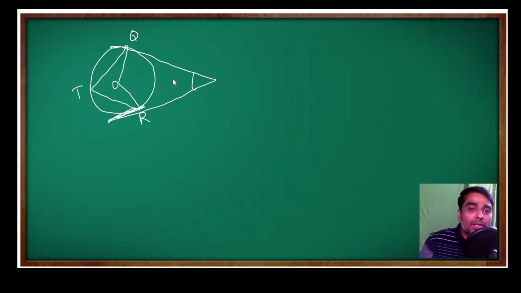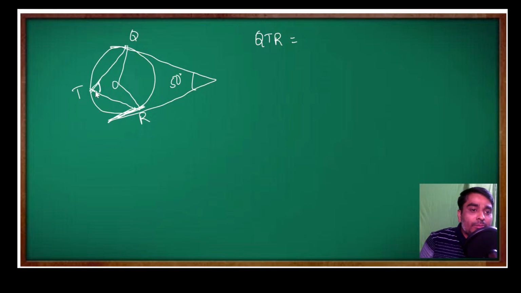This angle is given as 50. They are asking you to find QTR. First of all, you should understand there is a theorem.